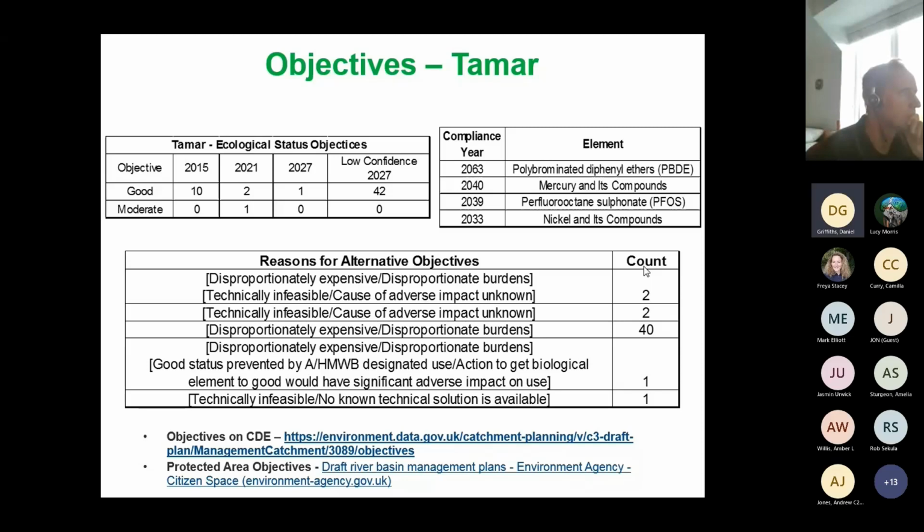When we're setting an objective for a water body, we're looking at it in two parts. We set a target status and also a year by which that target should be achieved. You should be able to see on the top left table an objective of good status, and then a target year going along either 2015, 2021 or 2027.